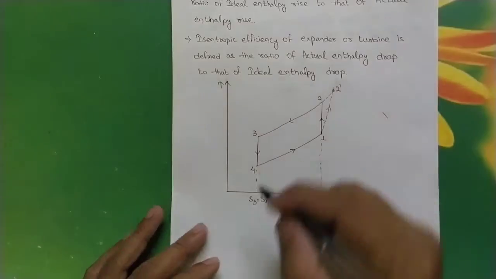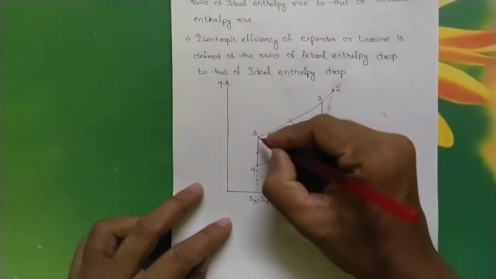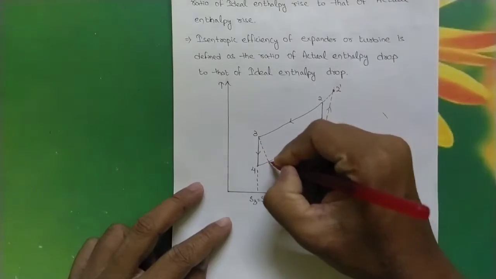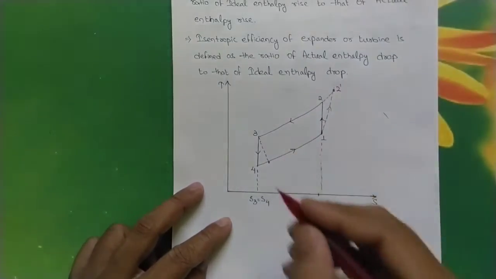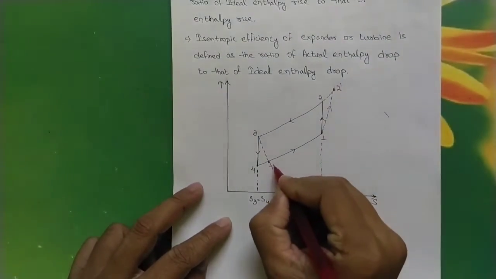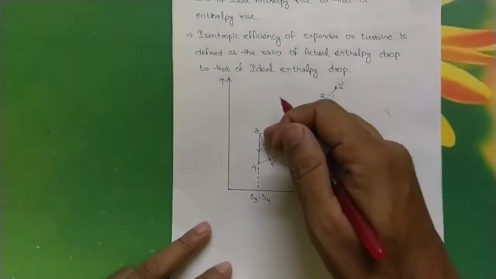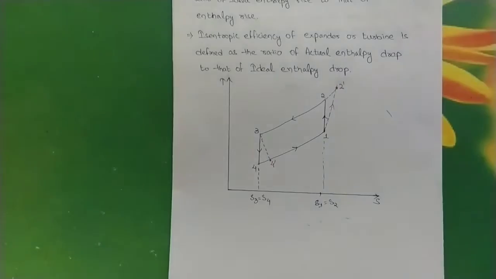This is the ideal path, but in actual practice there is a deviation, or we can say that there is an increase in entropy during the process 3 to 4. So it follows this actual path.